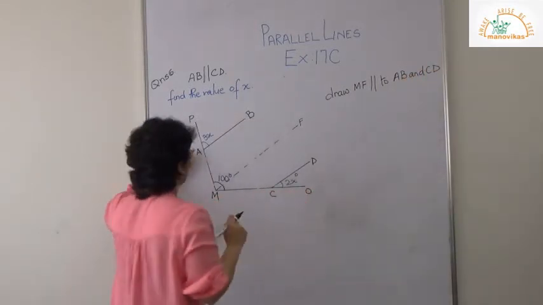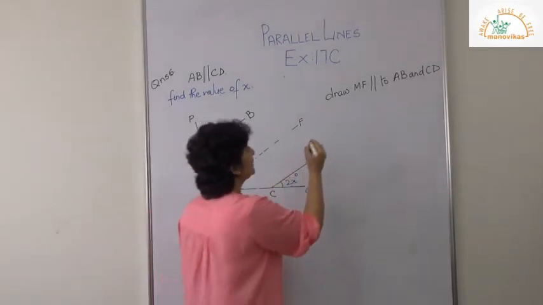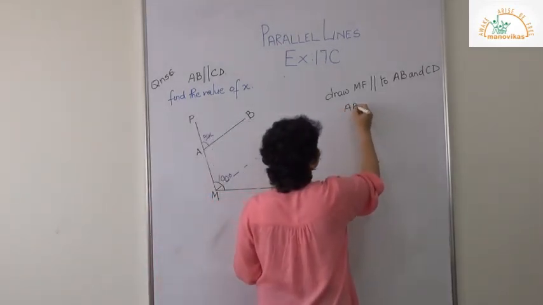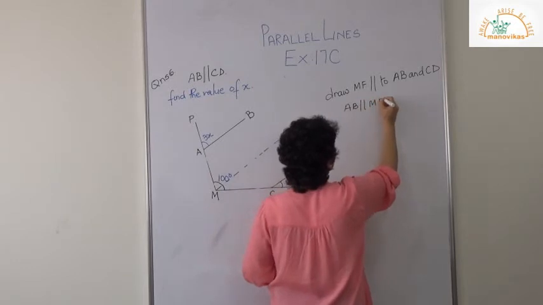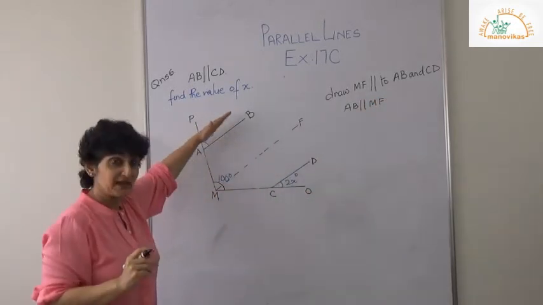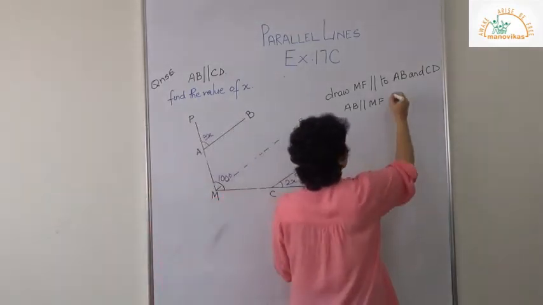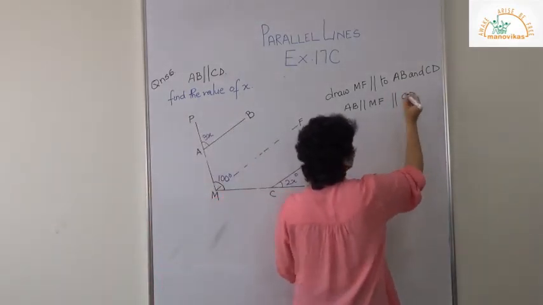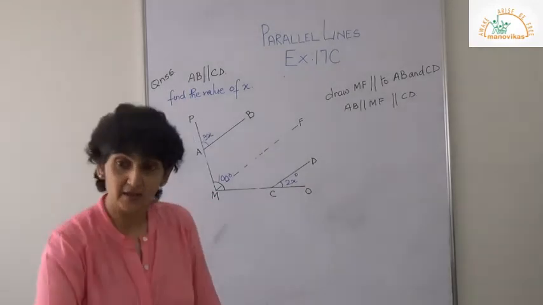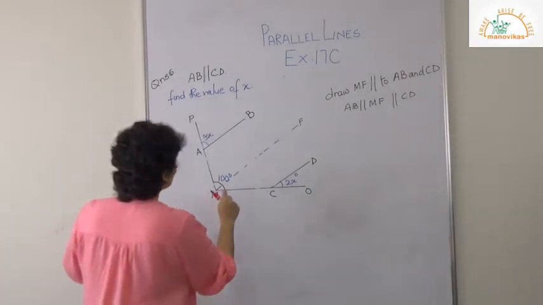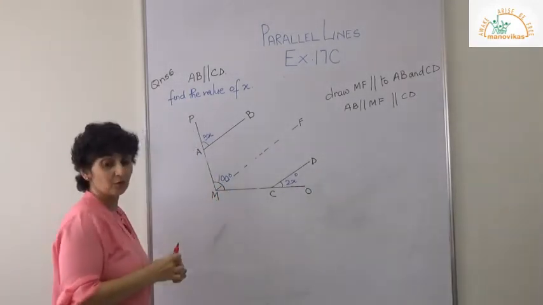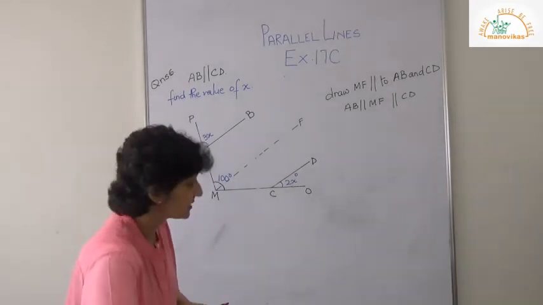So now, what do you have? AB is parallel to MF, correct? AB is parallel to MF and MF is parallel to CD. With this, now what do you get? You have this angle M is equal to 100 degrees, right?